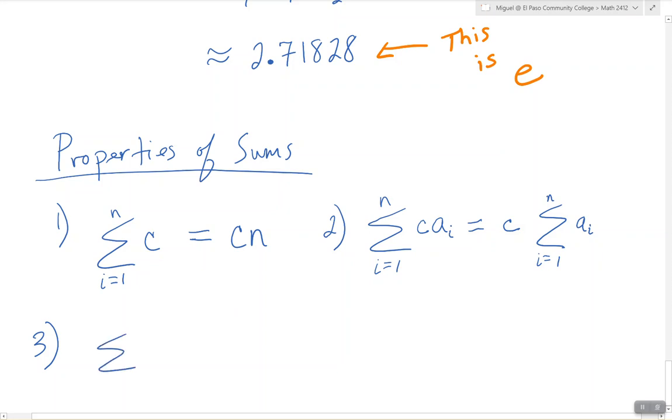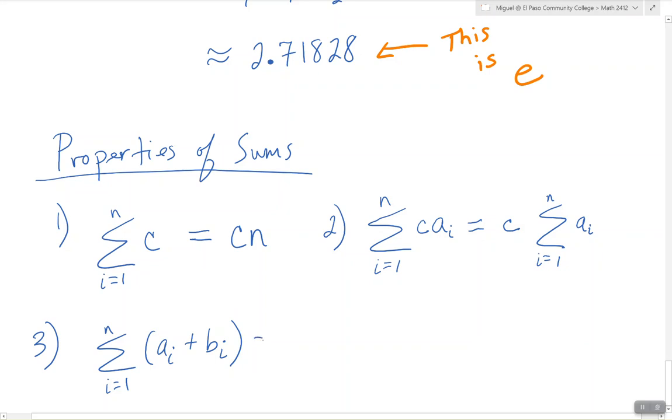If you have a sum of two expressions, so we have a formula a sub i, and then a second one that we can separate as a sum of two things, like this, I can actually break this up into two different sigmas.